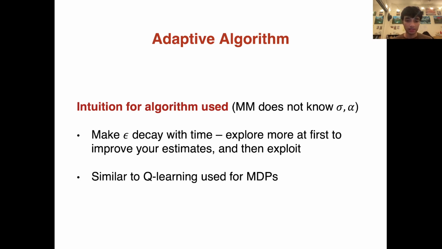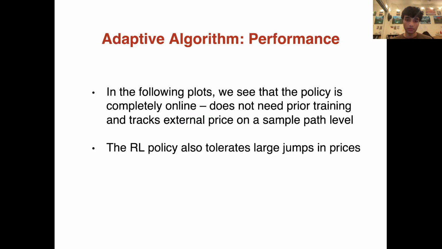This algorithm is very similar to Q-learning that is used directly for Markov decision process. However, because we conjecture that the trades are linked to the hidden external price, we conjecture that this partially observable Markov decision process in this case would also lend itself to Q-learning.